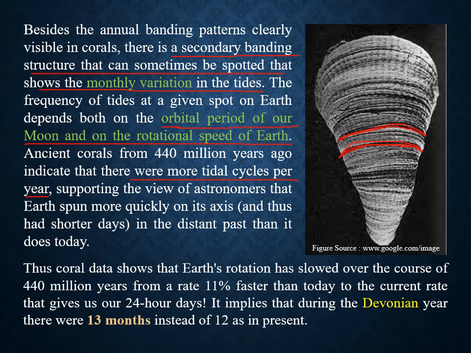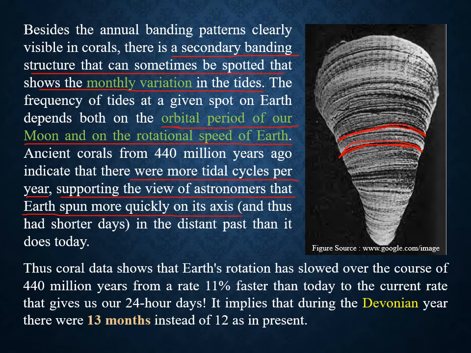In ancient times, it was found there were more tidal cycles per year. It supports the astronomers' view that Earth during Devonian spun more quickly on its axis.